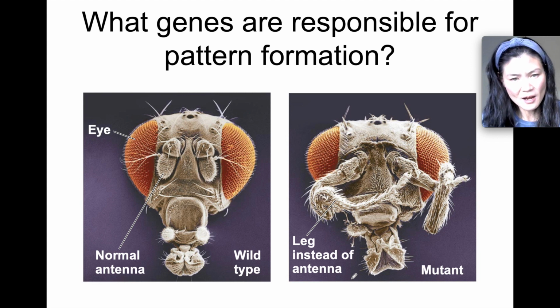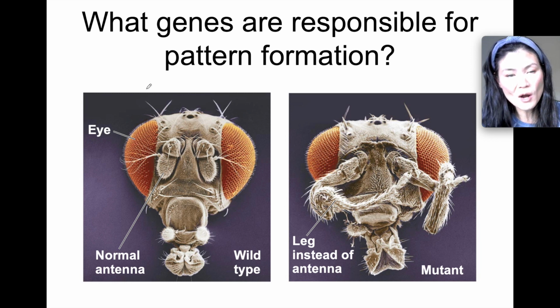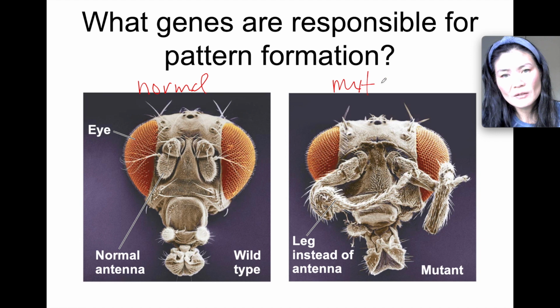I want to show you this picture of a fruit fly head, because this is a normal wild type head of the fruit fly, whereas over here is the mutated fruit fly head. Here you have just normal antenna.